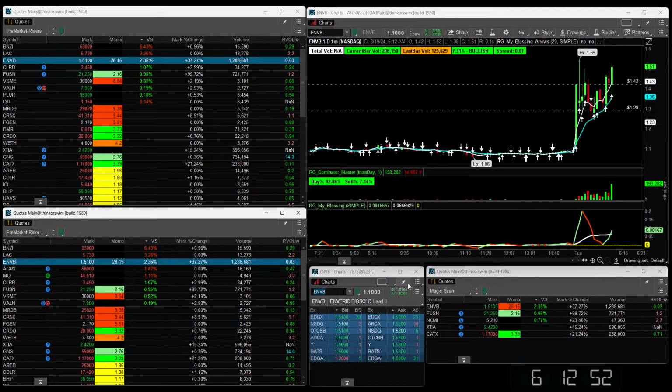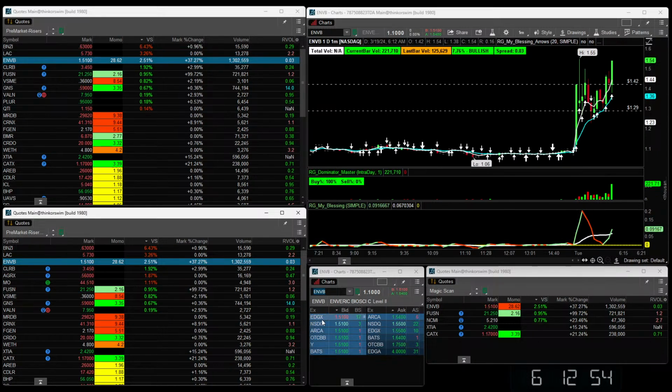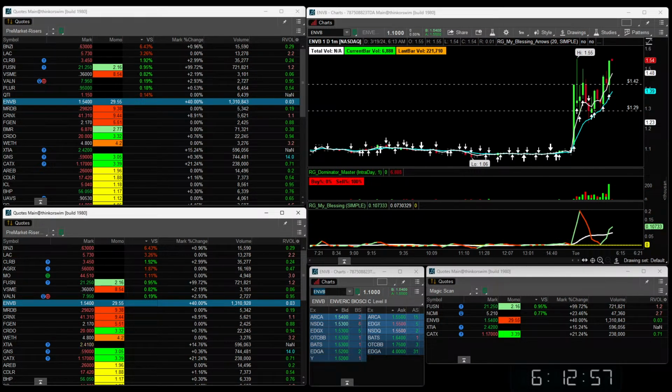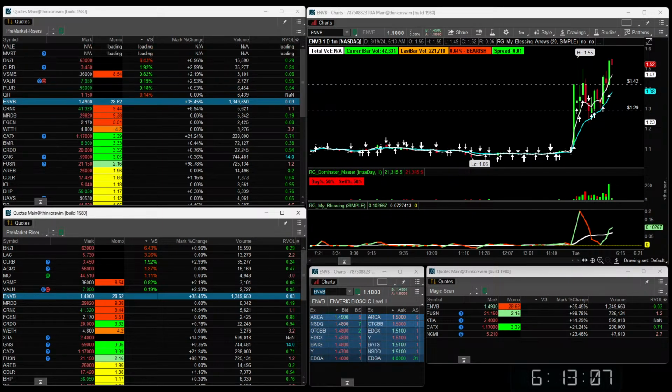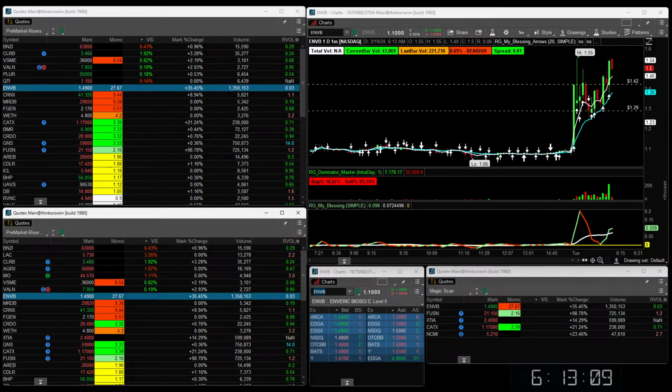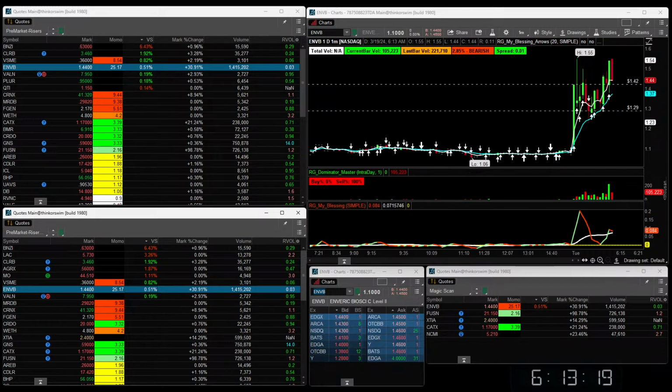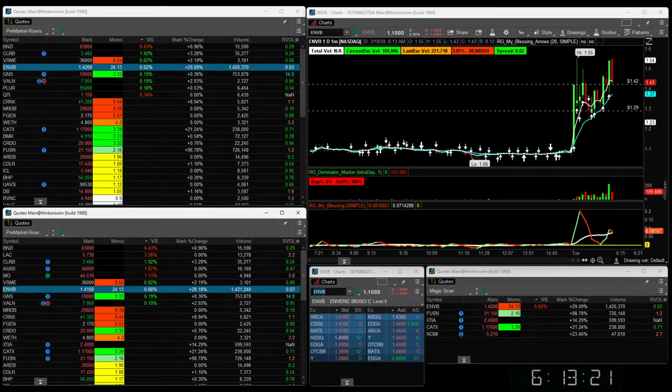Looking good on the my blessing indicator. Probably going to push up. That was a 10-cent green candle, just over 10 cents. Pulling back down to that $1.40.